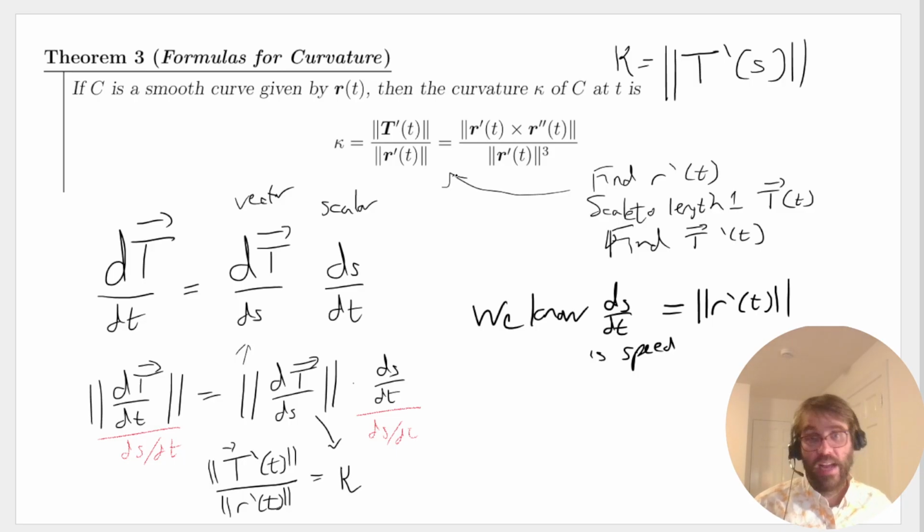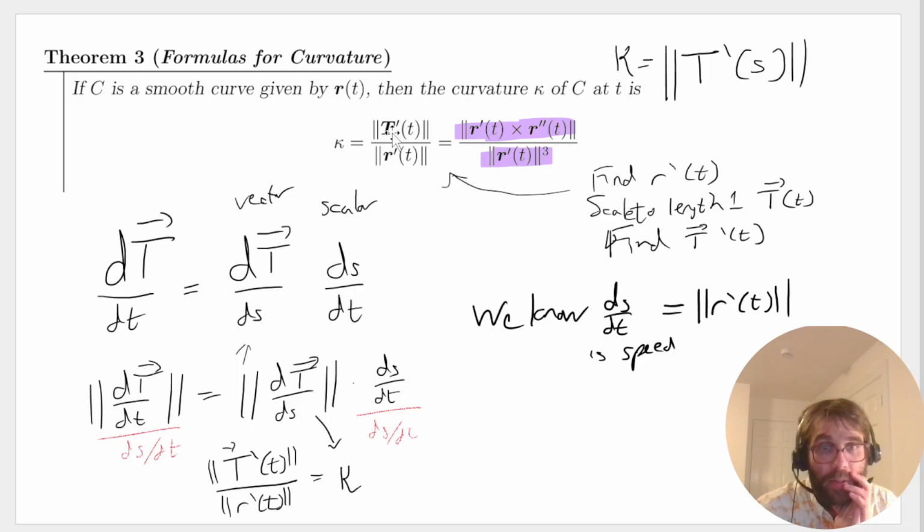And it's actually a really useful one as well, because keep in mind, actually finding T prime of t is a pain. This second formula really just boils down to stuff that we saw about T prime of t in the normal vectors. That's all it is, its normal vector and basically the normal component of acceleration.